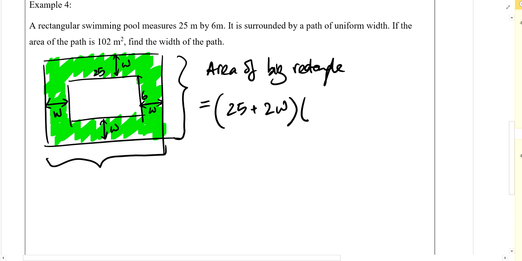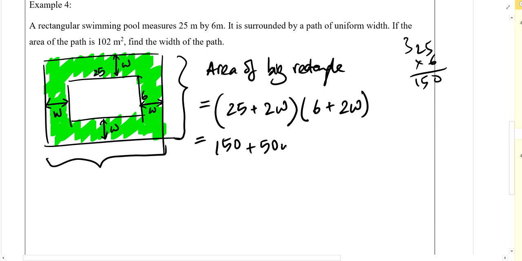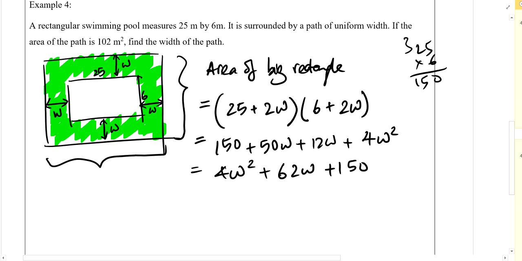What is the breadth of the rectangle? 6 plus 2W. Okay, so this is the area of the big rectangle, which we can simplify. So 25 times 6 gives us 150 plus 50W plus 12W plus 4W squared. So this is 4W squared plus 62W plus 150.